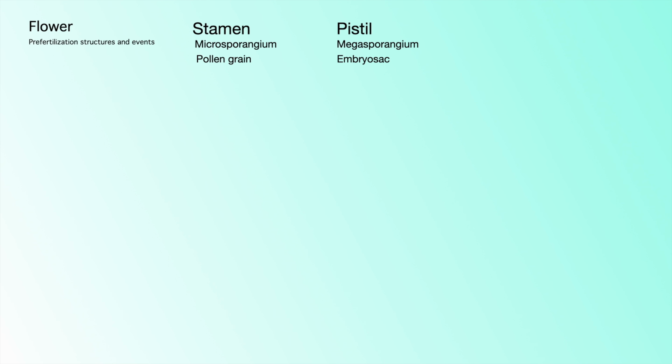And if you look inside the ovary, there is an empty space. That's why it is called the ovarian cavity. The other name for ovarian cavity is locule. Inside the ovarian cavity, there is a placenta.